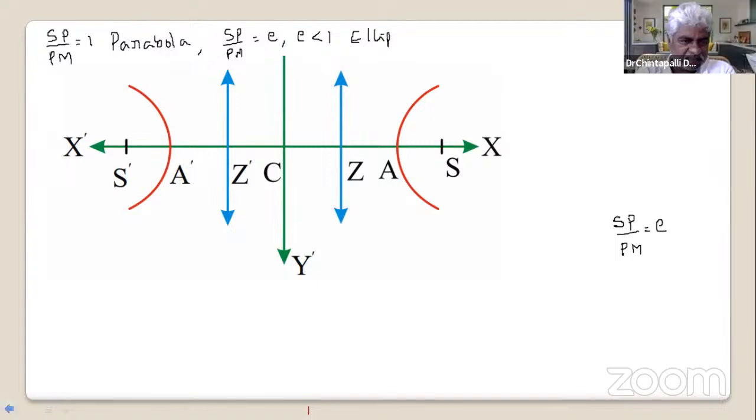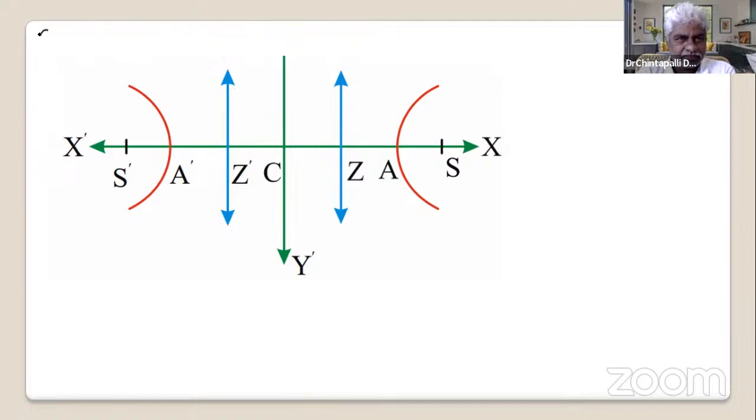Let's write the same points in another way. The main thing is SP by PM is equal to E. E is equal to 1, parabola. E less than 1, ellipse.